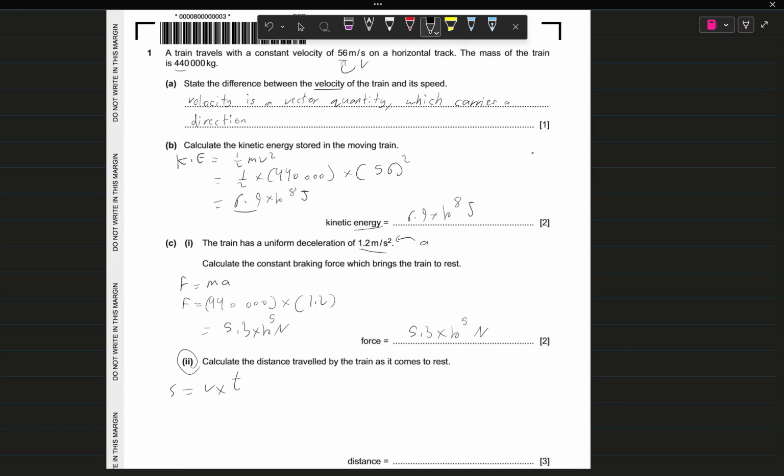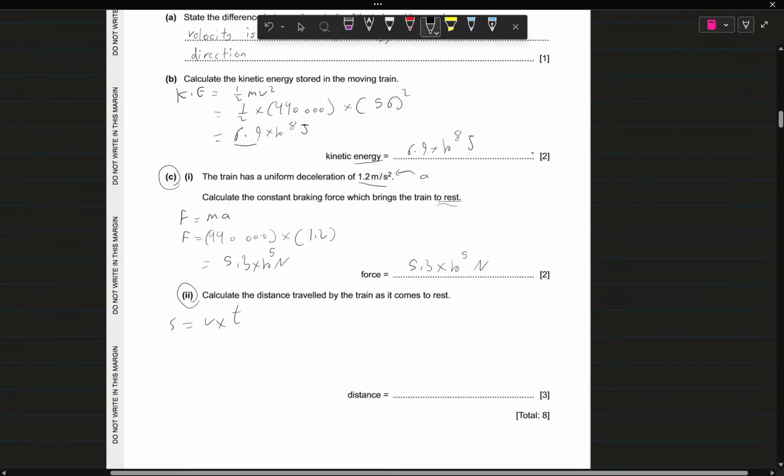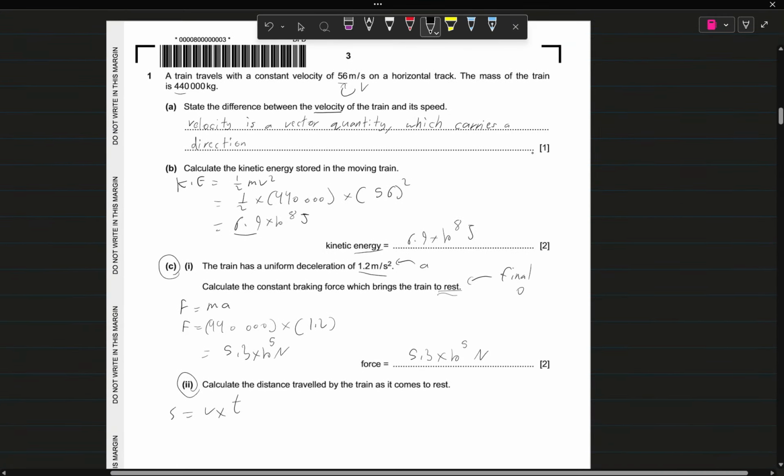Okay, so here we need to see from part C, where we need to calculate the constant braking force, which brings the train to rest. So we know that after all, it had come to rest. Because it came to rest, then this will be the final. So final velocity will be 0. And here, 56 will act as our initial velocity.